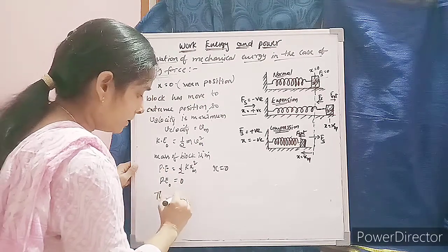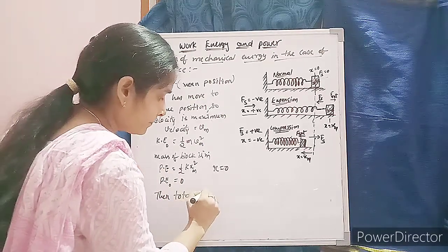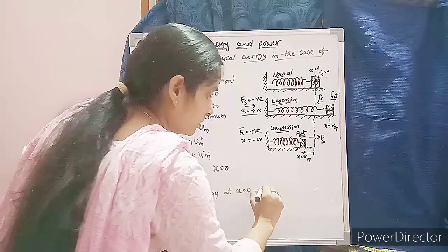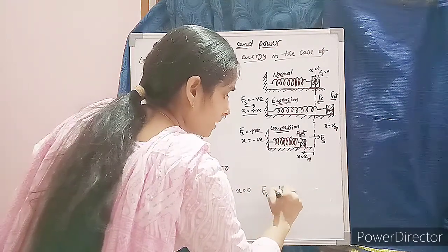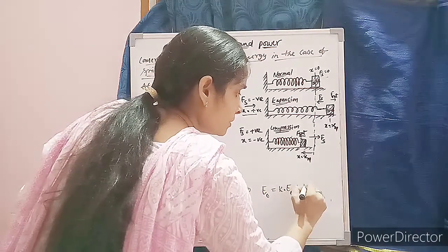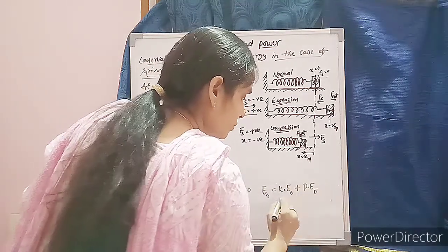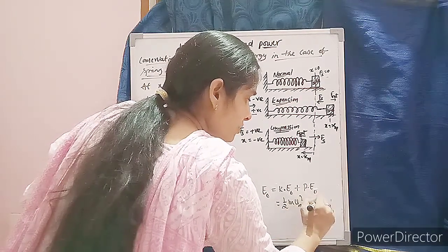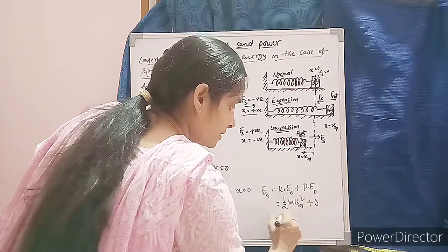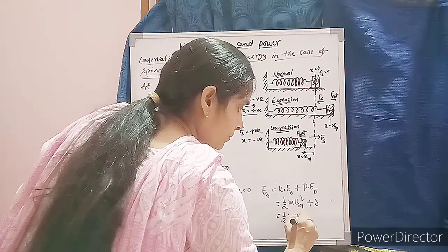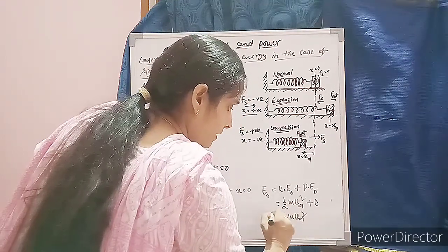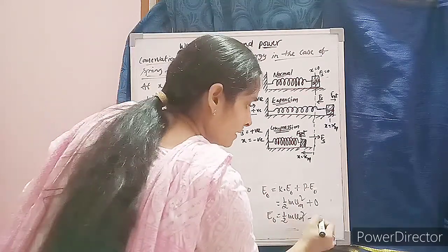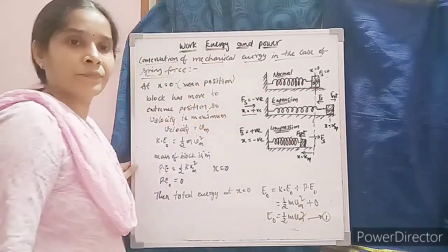Then total energy at x is equal to 0, E0 is equal to kinetic energy at mean position plus potential energy at mean position. Kinetic energy is half m Vm square plus potential energy is 0. So E naught is half into m into Vm square. This is equation 1.